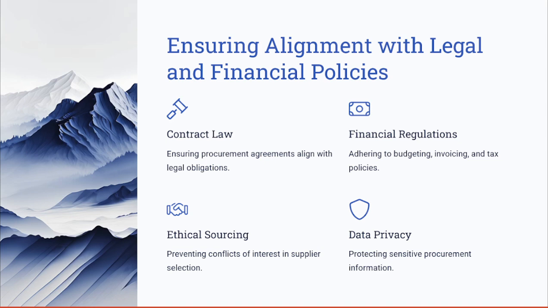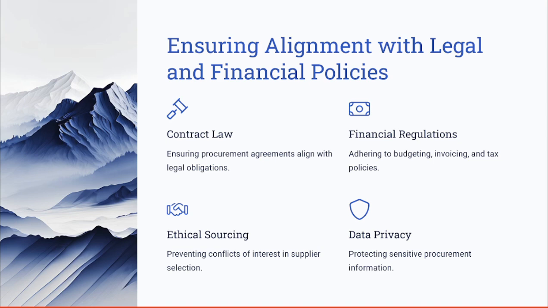By enforcing contract law, financial regulations, and ethical sourcing, project teams can avoid legal disputes, financial penalties, and reputational damage. The key compliance areas here start with contract law, enforcing it to ensure the procurement agreements align with legal obligations.